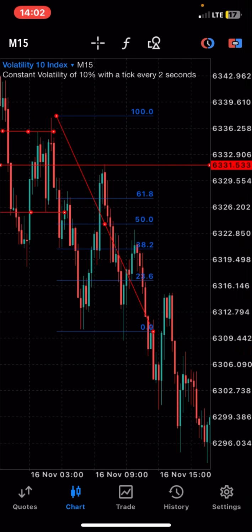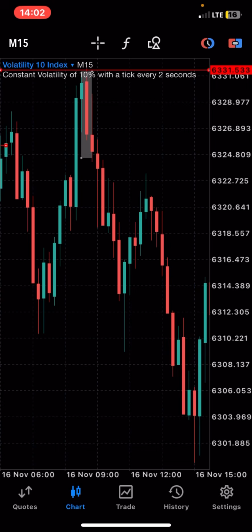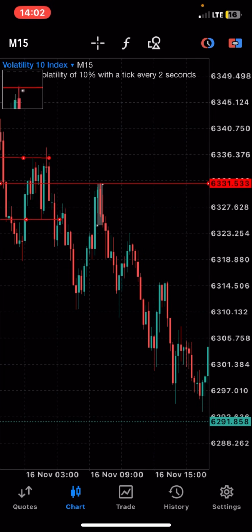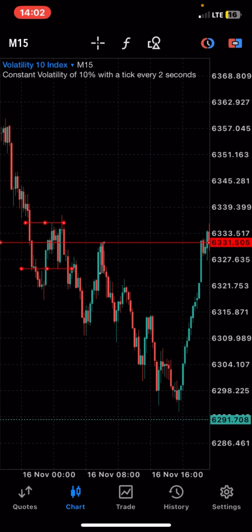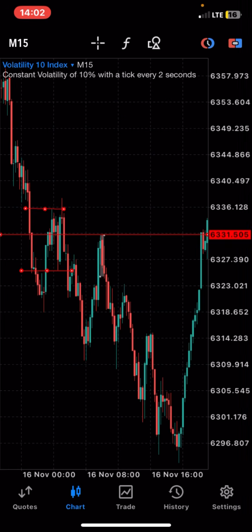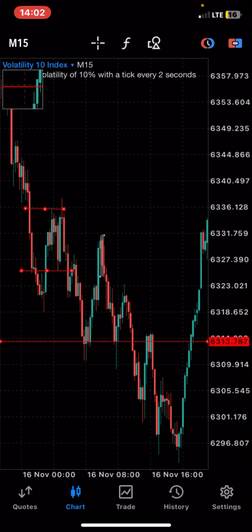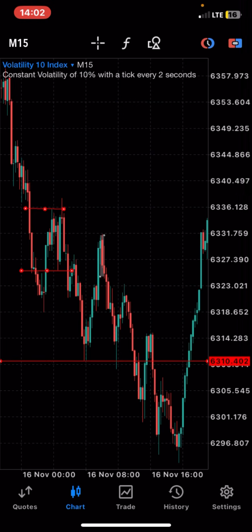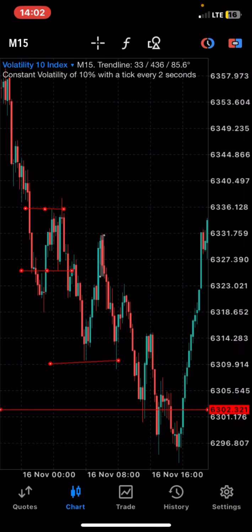So when price breaks above the 50% zone and above, that creates our structural liquidity. So price came over here and made structural liquidity. This is very important for you to understand. Price starts to sell, breaks the structure over here, if you guys can see. Another break of structure.